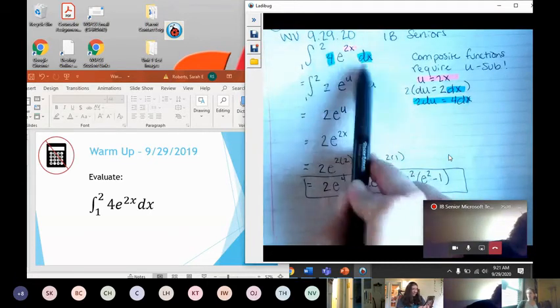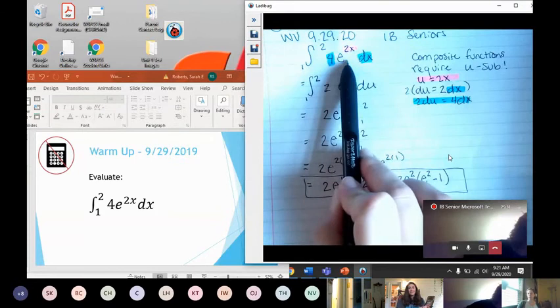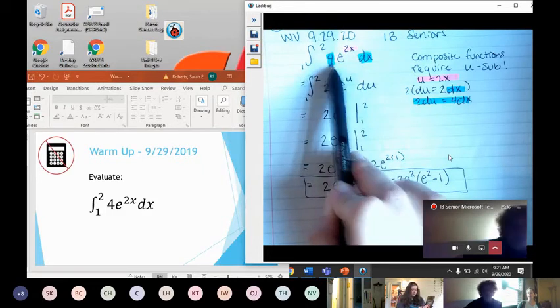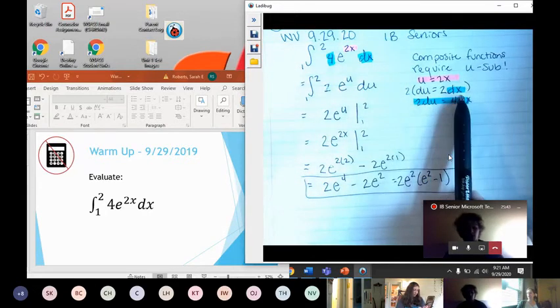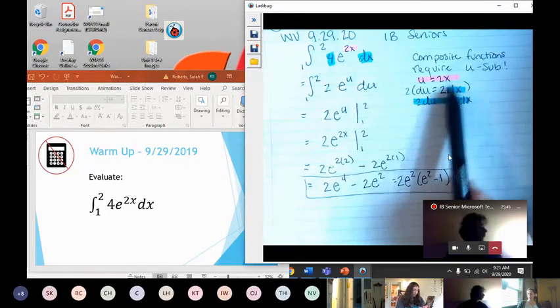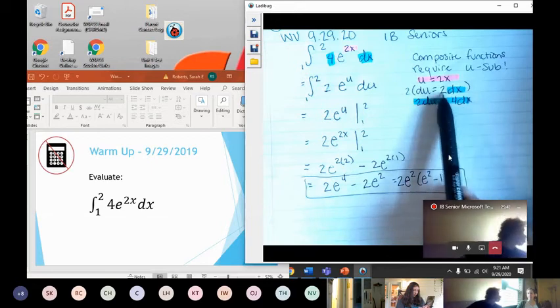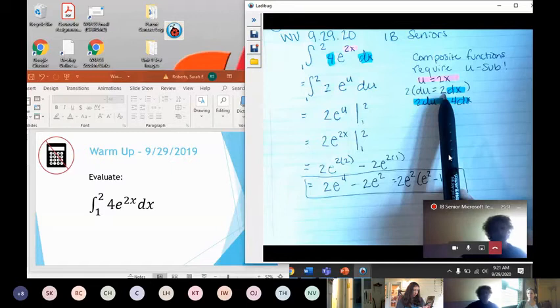Then we can sub in our u because we picked it, and we look and see what's left over. The e is just a function. It's the base of our function, so we don't need to sub anything in there. What's left over is this 4 and this dx. We want to be able to replace those blue pieces. We have a 2 and a dx, so we've got the dx part, but we need this to be a 4 instead of a 2, right, Wade? Yeah.